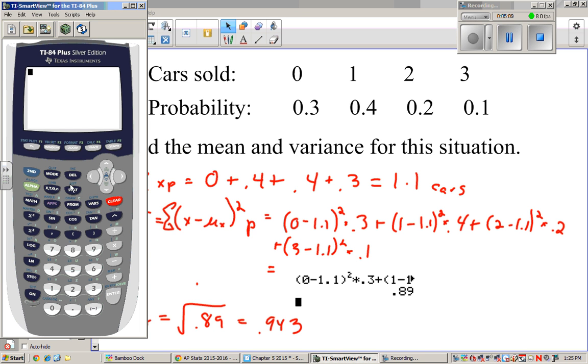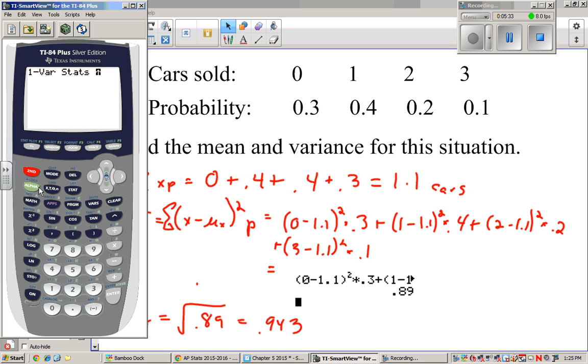On a multiple choice though, however, there's a quicker way. So if we hit stat enter, you have your L1 and your L2. If we put it like this, L1, L2. This is a little tricky because people have different calculators. If you hit stat to the right, calc, enter, that's one variable stats.